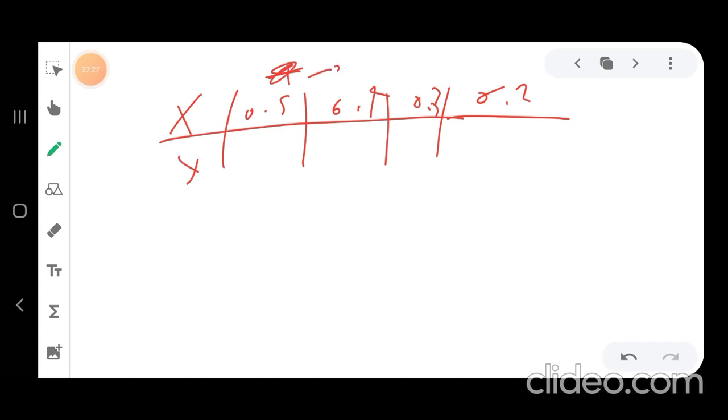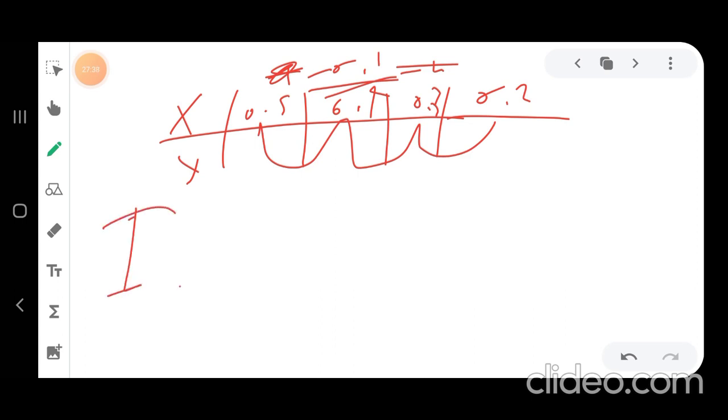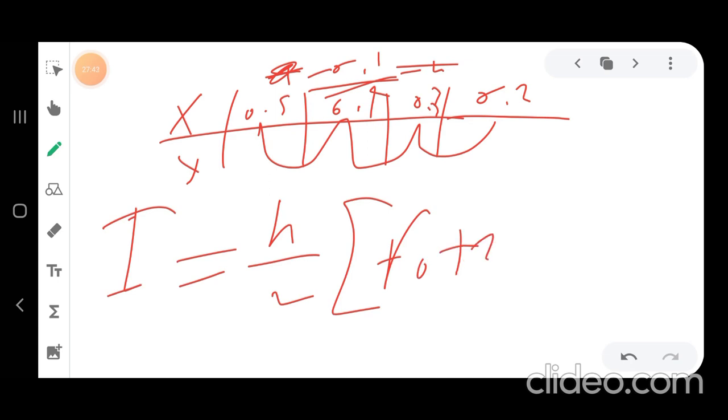This is our h interval. We move minus 0.1: 0.5 minus 0.1 is 0.4, then 0.3, 0.2. In this case we can use the trapezoidal rule that we already discussed, which is h over 2 times f naught plus 2 f1 etc. up to fn. We have already discussed this.